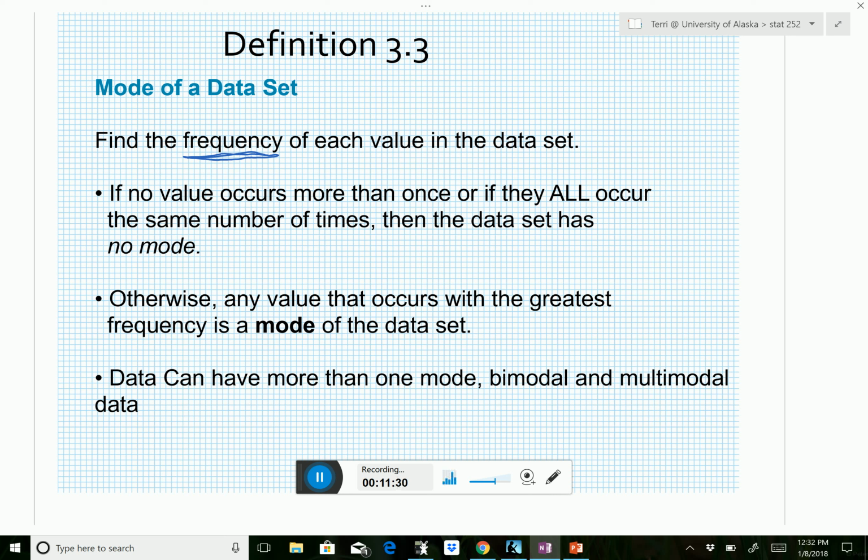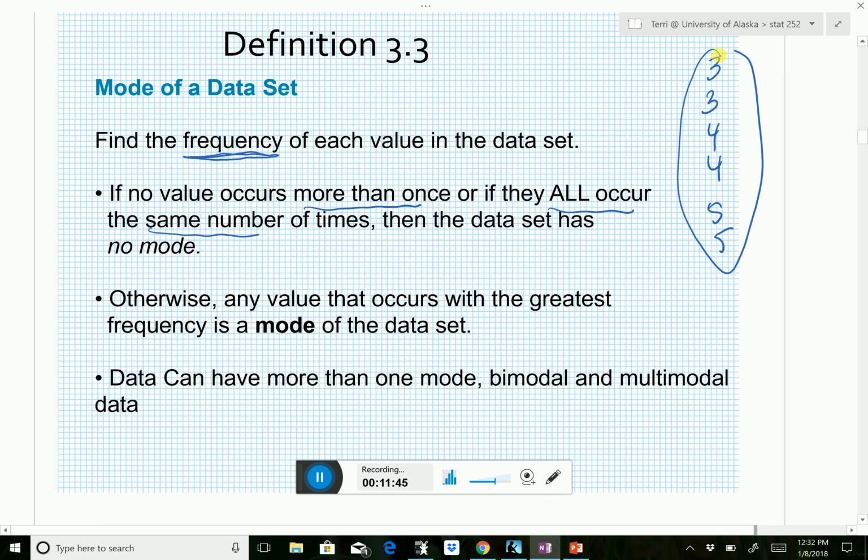So if no value occurs more than once, or they all occur the same number of times, even if I have 3, 3, 4, 4, 5, 5, this still has no mode, because these all only occur twice. So any value that occurs with the greatest frequency is the mode of a data set.